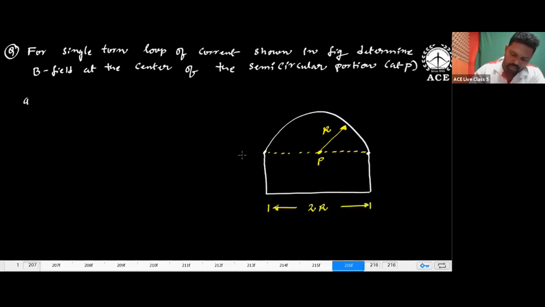Distance from here to here is R. This is a current flow direction. So the current carrying conductor is like this. It's bent like this. The current flowing is I. So he's asking what is the magnetic field at the center.